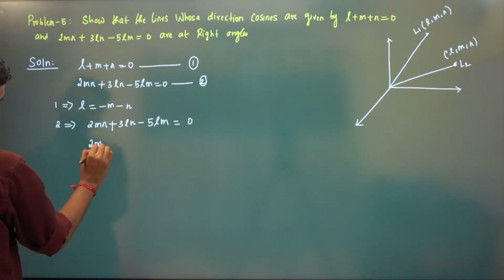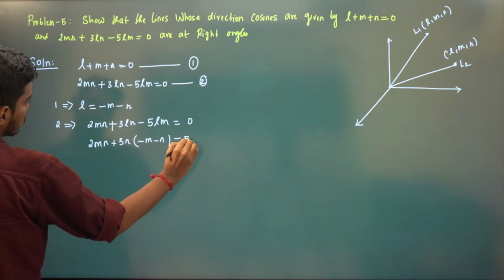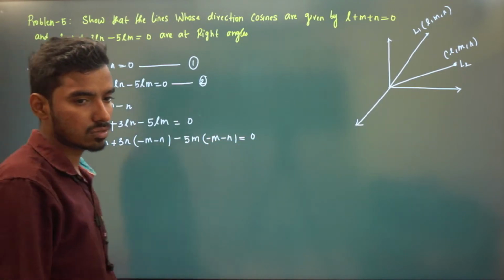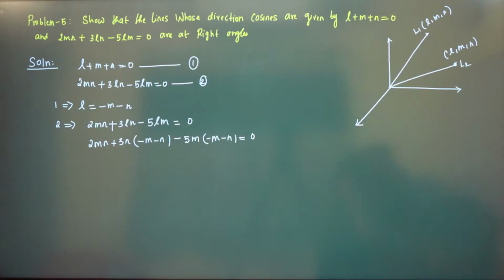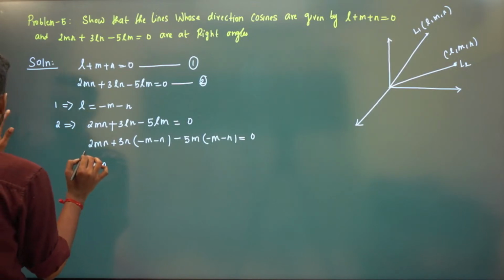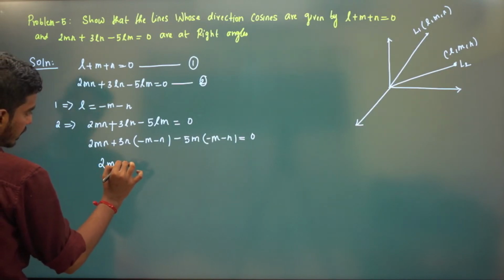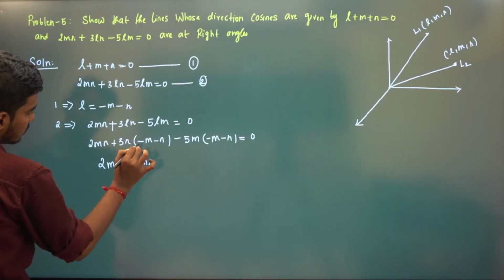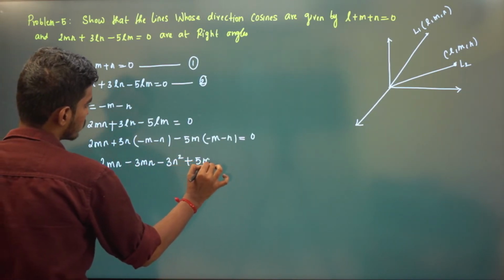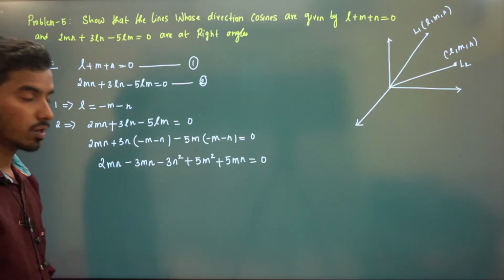Instead of l, I'm going to substitute -m - n. As of now, this is similar to the previous problems. So we have 2mn - 3mn - 3n² + 5m² + 5mn = 0.